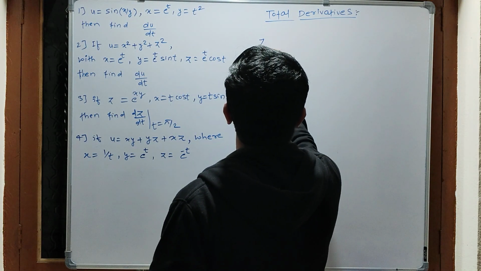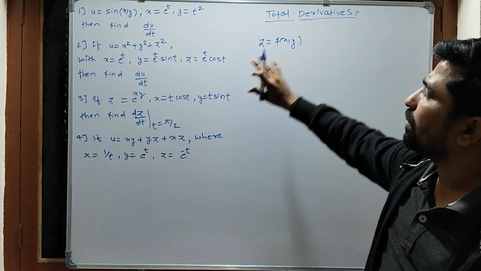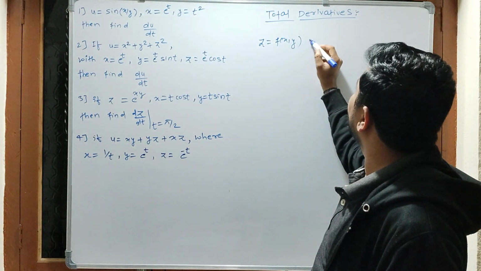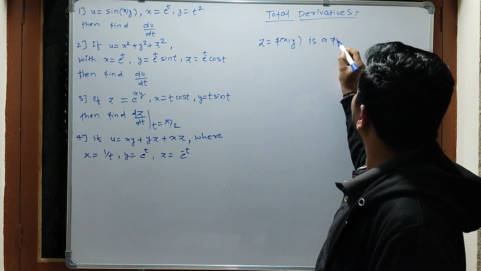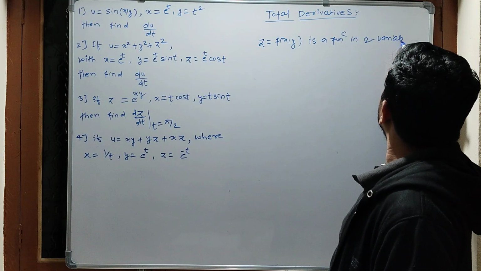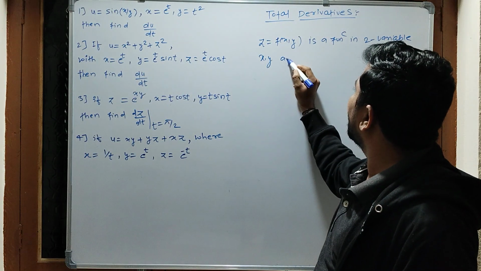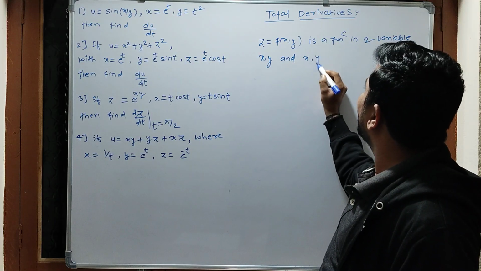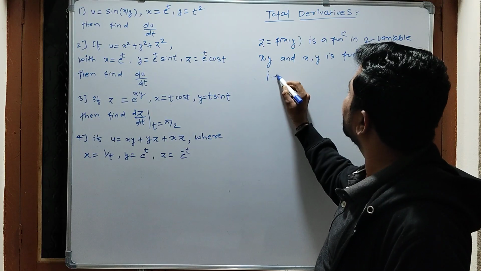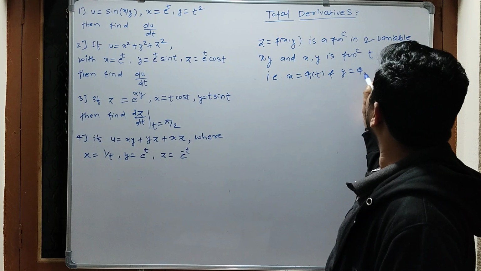For example, let's say z equals f of x comma y. So z equals f of x comma y is a function of two variables x and y, and x comma y is a function of t, that is x equals phi 1 of t, and y equals phi 2 of t.